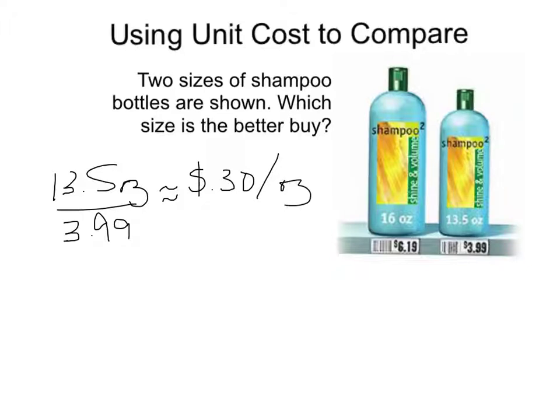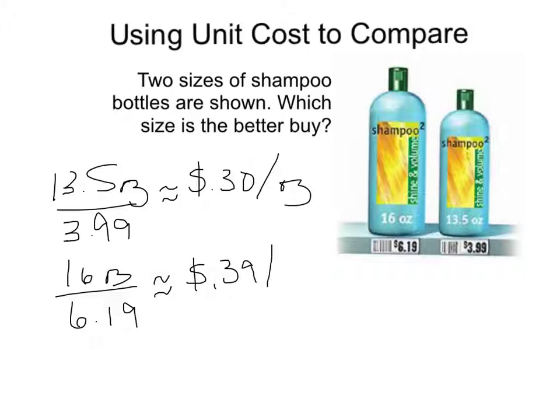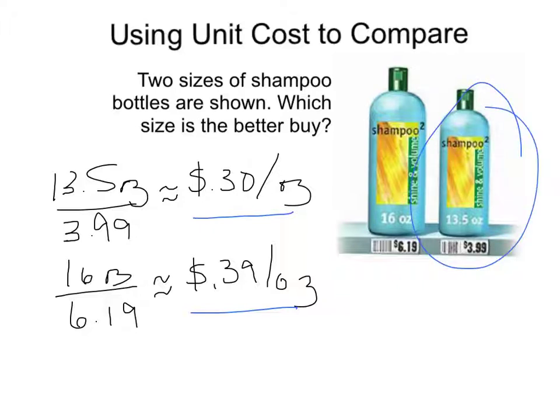If we look at the second bottle, our unit rate is 16 ounces over $6.19, which gives us a unit cost of 39 cents per ounce. Now, since obviously 30 is smaller than 39, our 13.5-ounce bottle is our better deal. So bigger isn't always better. Sometimes smaller is cheaper.